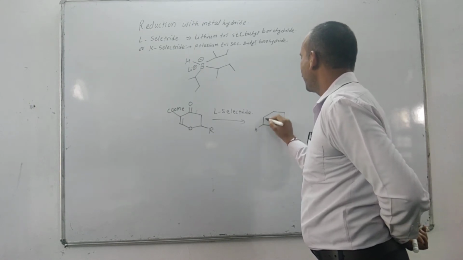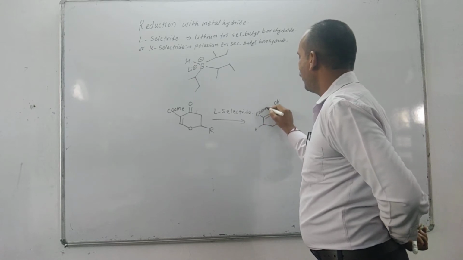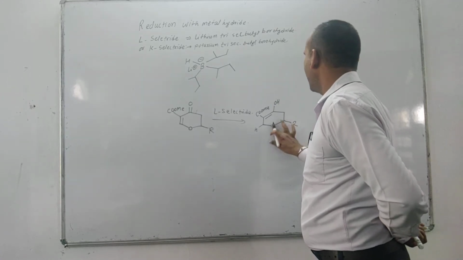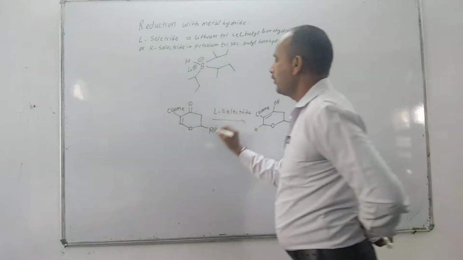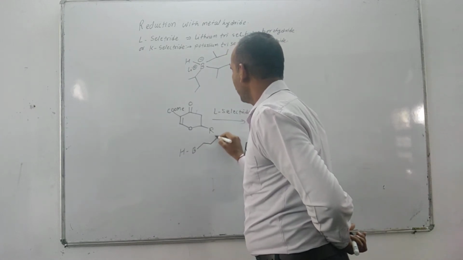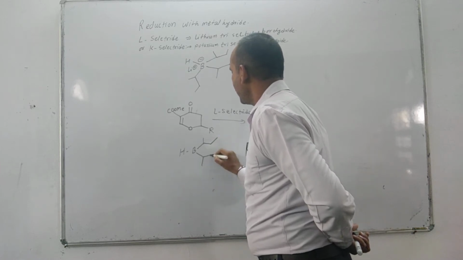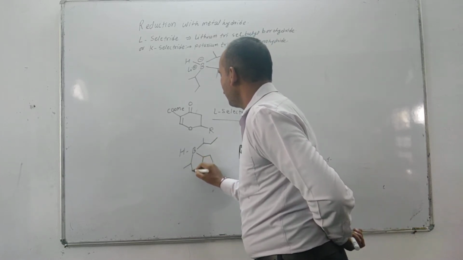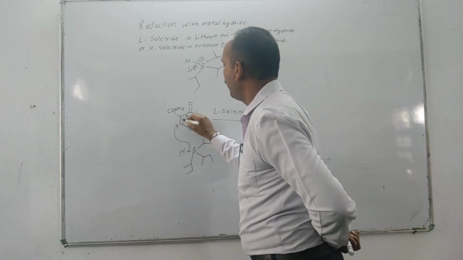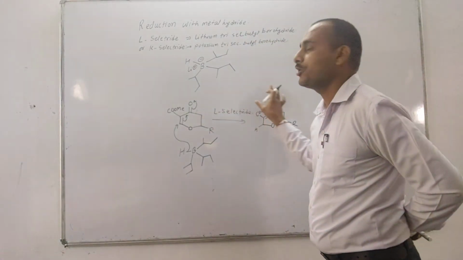There is H, double bond, OH, COOMe, and here is R, oxygen. So hydride from the tri-sec-butylborohydride attacks here. There is lifting of the double bond here, O minus, and protonation of O minus, that is, formation of OH.